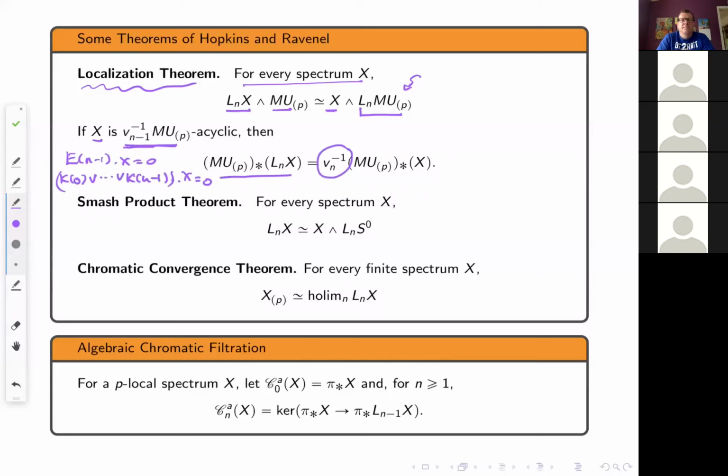That's useful, and I'll mention the localization theorem later. It says that for MU modules, Ln is really just what you think it should be.